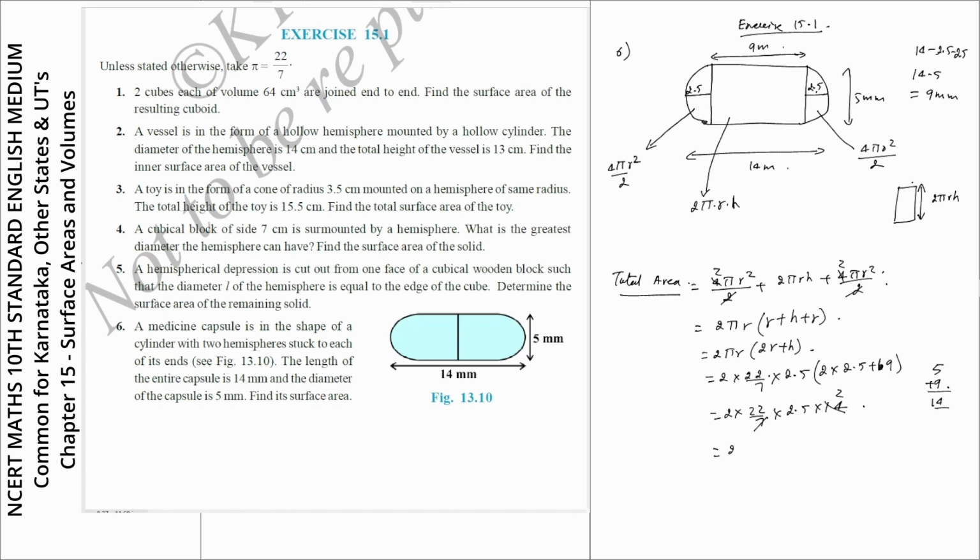Now 2 into 22 into, 2.5 into 2, double of 2.5 is 5. Now 2 into 22, double of 22 is 44. 44 into 5: 5 4s are 20, 21, 22.